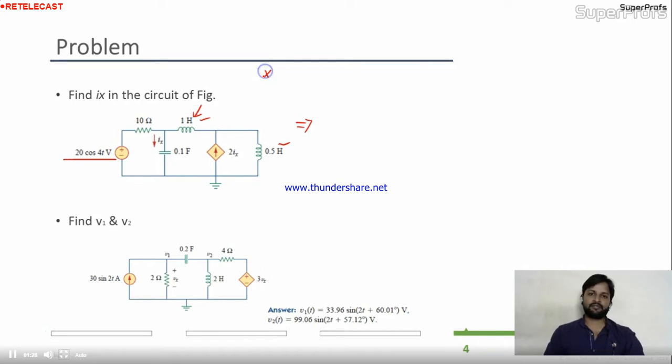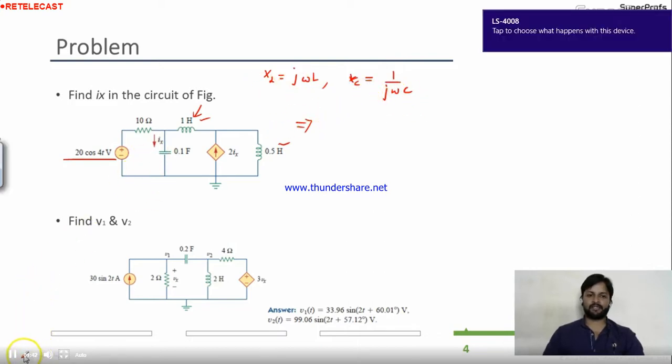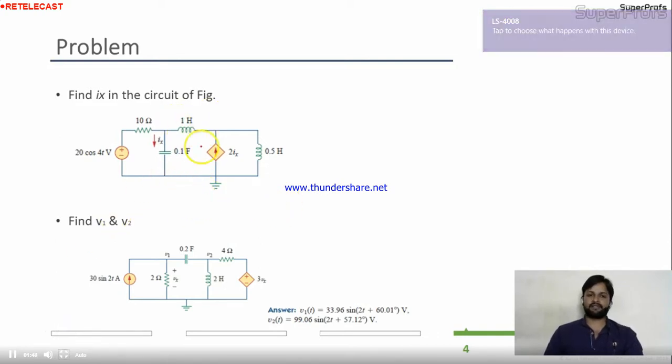You know the inductive reactance is nothing but j omega L. Similarly, for the capacitor, the capacitive reactance Xc is nothing but 1 by j omega C. So first calculate these two terms, because this will convert your circuit in the form of resistance or impedance functions. So you can easily calculate all currents and voltages in the branches, right?